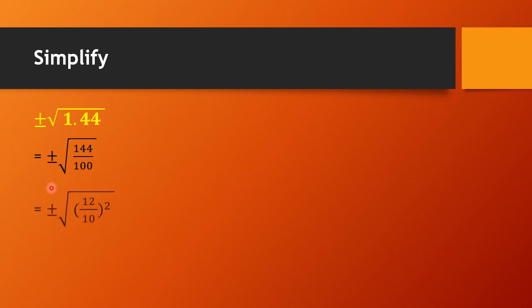So it equals positive or negative square root of (12 over 10) power 2. We will remove the square root and power 2 and put the absolute value of 12 over 10. So positive or negative absolute value of 12 over 10 equals positive or negative 12 over 10.